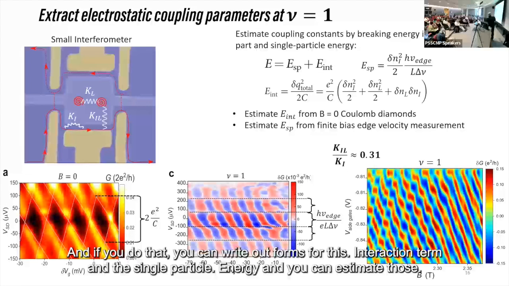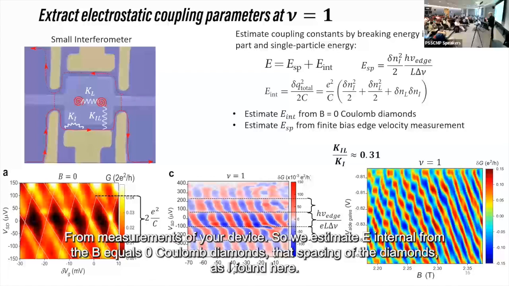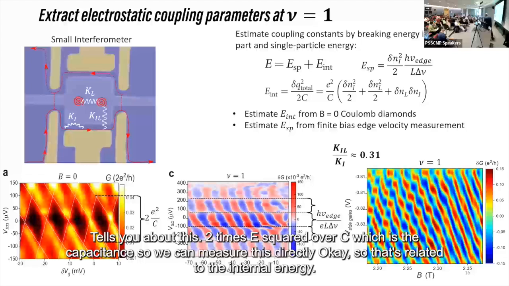And if you do that, you can write out forms for this interaction term and the single particle energy, and you can estimate those from measurements of your devices. So we estimate E internal from the B equals 0 Coulomb diamonds. That spacing in the diamonds, sorry, it's down here, tells you about this 2 times E squared over C, which is the capacitance. So we can measure this directly.